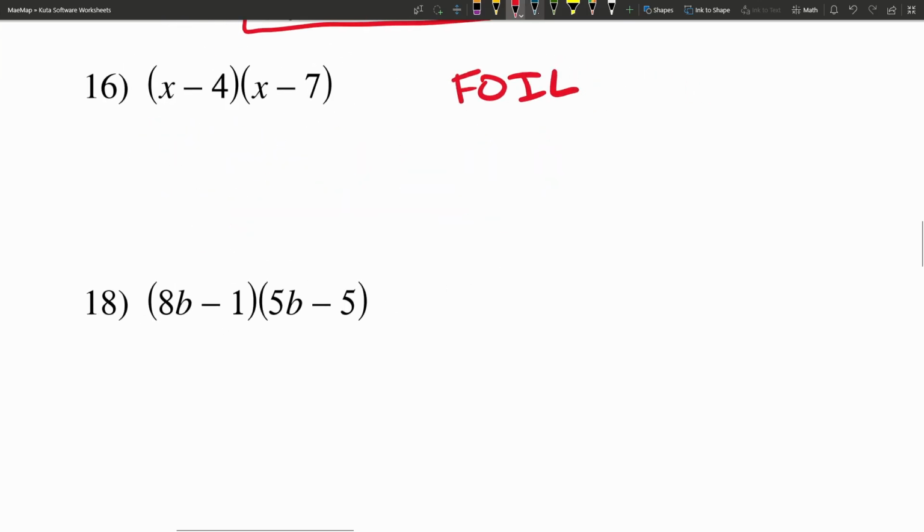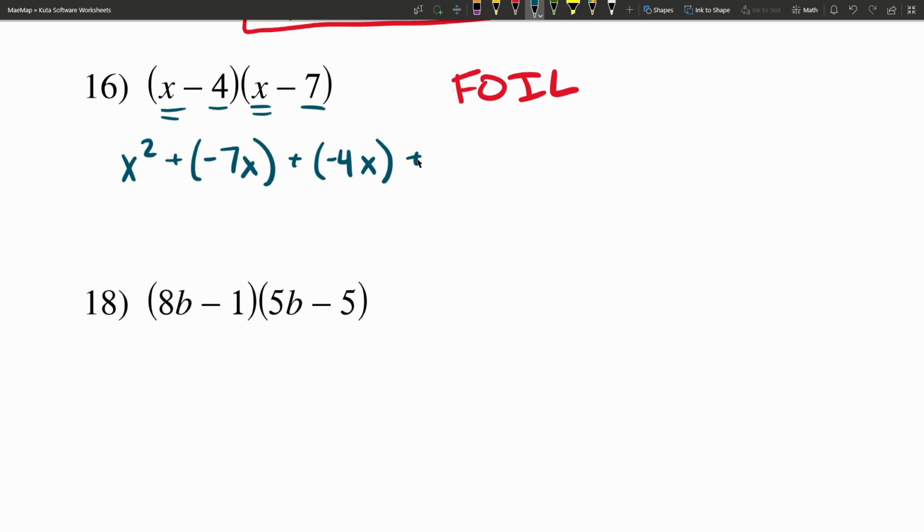For number 16, first, x and x squared, plus our outside terms, x and the negative 7, so that's going to be negative 7 times x. Then our inside terms, negative 4 and x, so negative 4x.